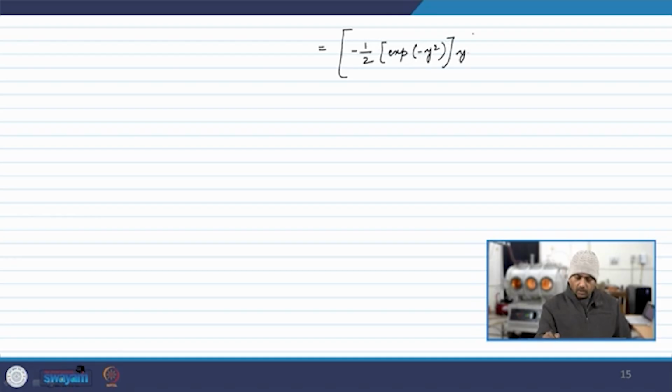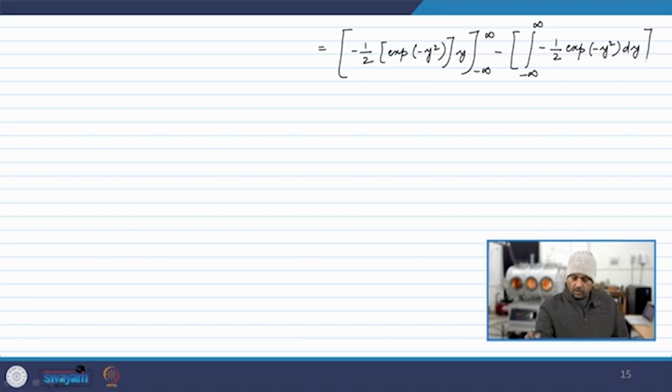This integral can be evaluated like this, which will be equal to minus half exponential of minus y square times y between minus infinity and infinity, minus the integral of u dv, minus half exponential minus y square dy.